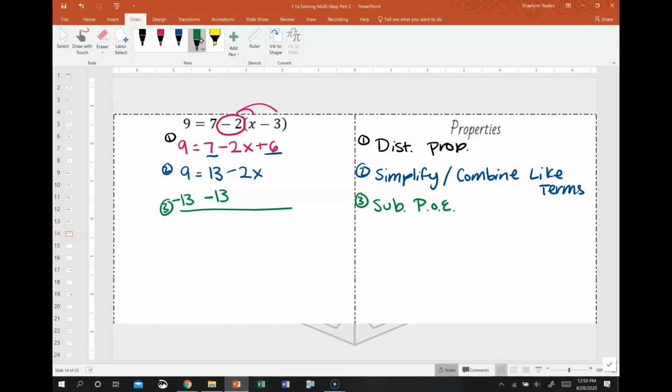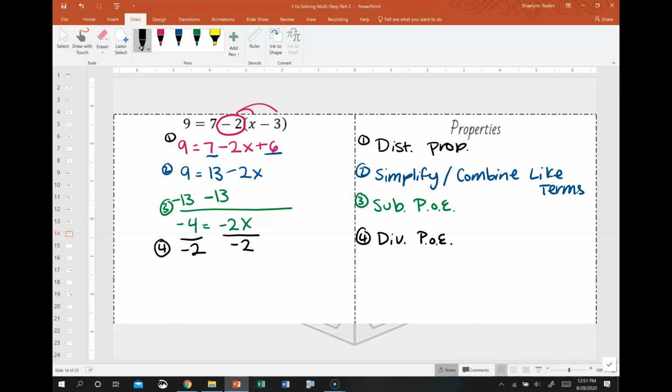And when I subtract, I get -4 equals -2x. So from here, I've got a -2 times x. I want to undo that, so I'm going to divide by -2. And the property that says I can do that is my division property of equality.